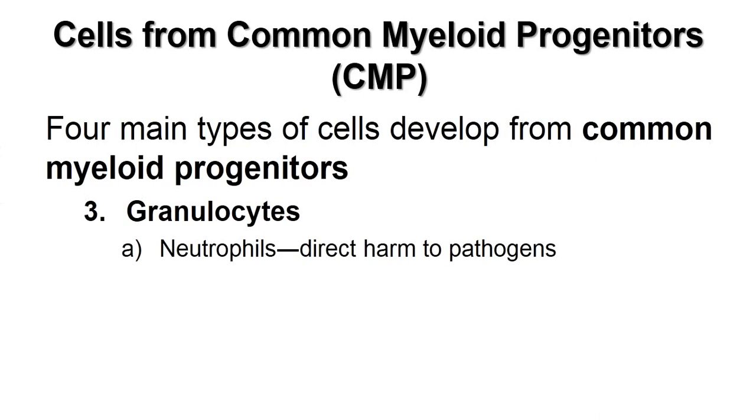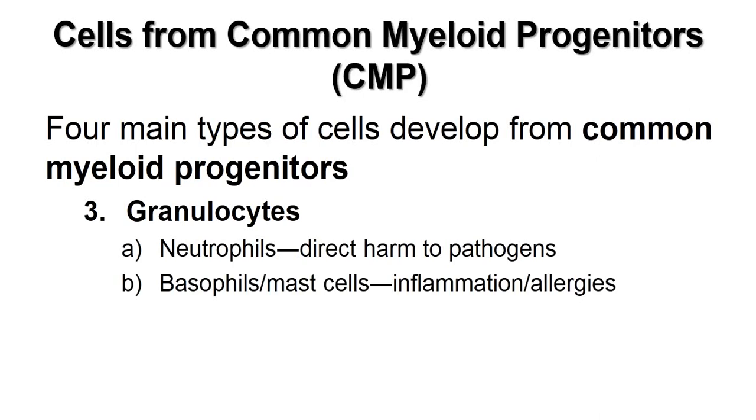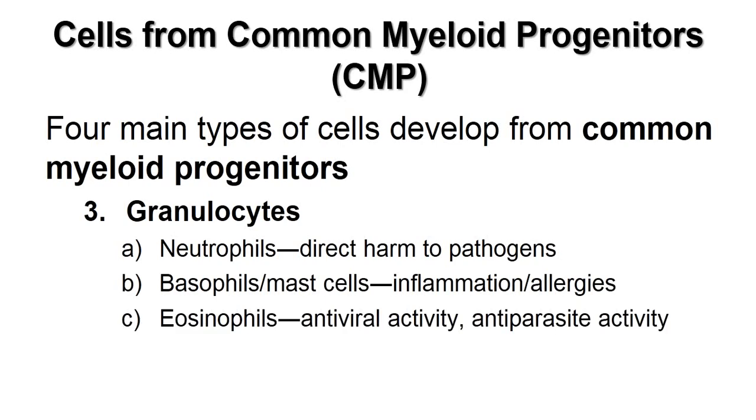Amongst that you have the first, that is neutrophil. They cause direct harm to the pathogen. Basophil or mast cell is responsible for inflammation and allergic response. Eosinophil has antiviral activity and antiparasite activity.